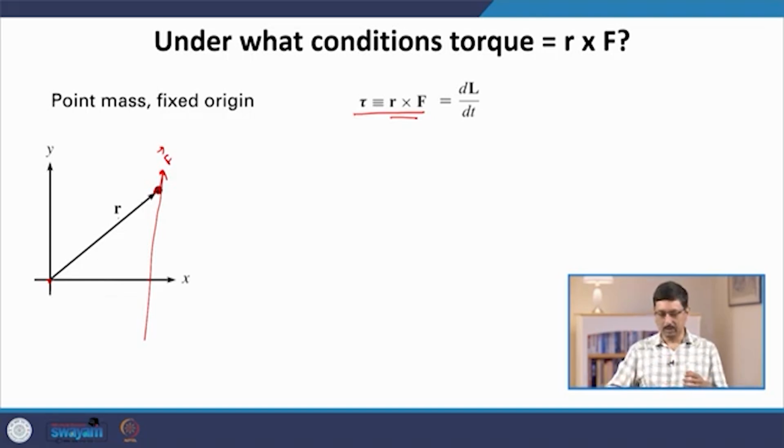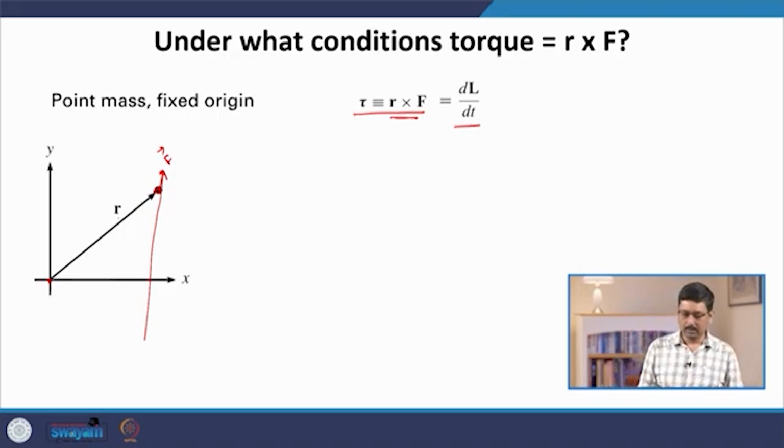In that case, we always use this definition, that tau is r cross F. Today, we are going to see the relation between the angular momentum and the torque, and specifically we want to discuss this question: under what condition is torque equal to r cross F? When I say torque, I mean some external agent causing a change in the angular momentum.